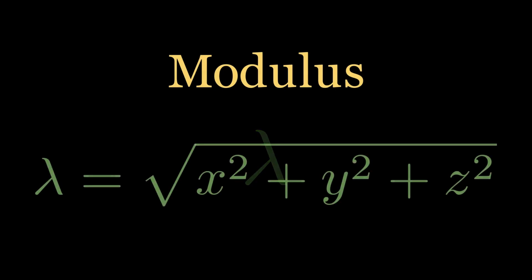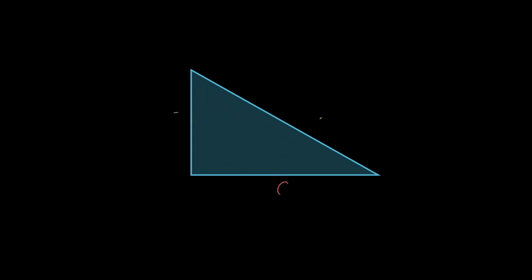Let's now review the modulus, or the magnitude of a length. We often use the Greek letter lambda to represent magnitude. Remember that magnitude, or the modulus of a number, is its length, and it needs to be non-negative. So to find the modulus, we square root the sum of its squares.